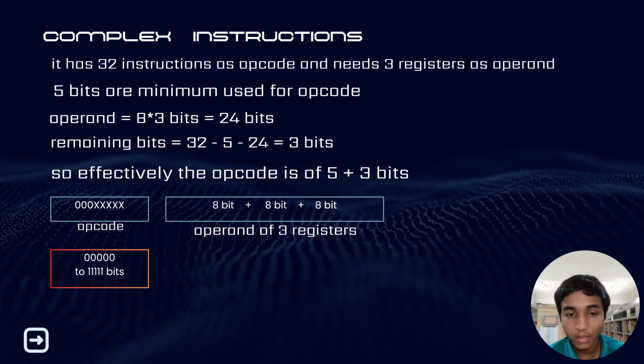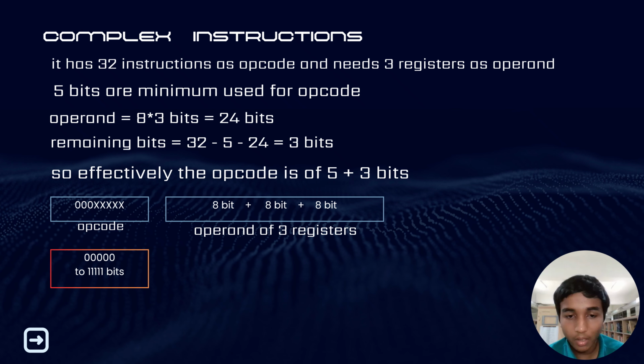So we are going to take the 32 instructions as opcode and 3 registers as operand. We know that 2 power n equals 32 and n equals 5. So at least 5 bits are used to express the opcode. And the operand is of 8 into 3 bits, as there are 3 registers and 8 bits are used to express each register.